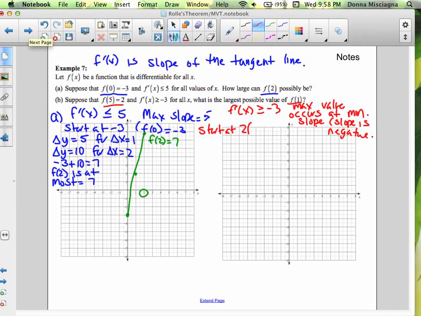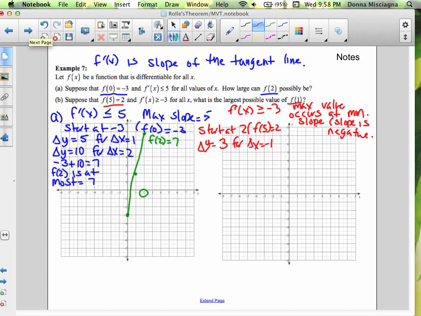We'll start at 2 because f of 5 equals 2. And so we're counting backwards, so a change in y is going to be 3 for a change in x equaling negative 1.